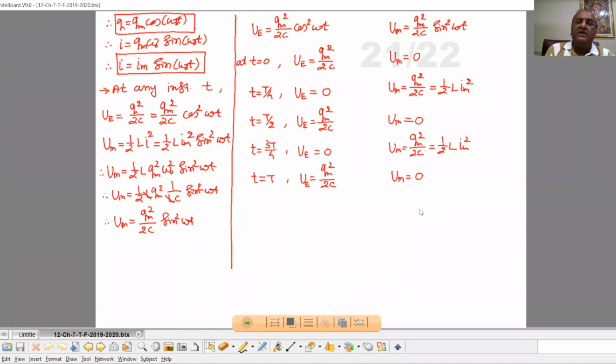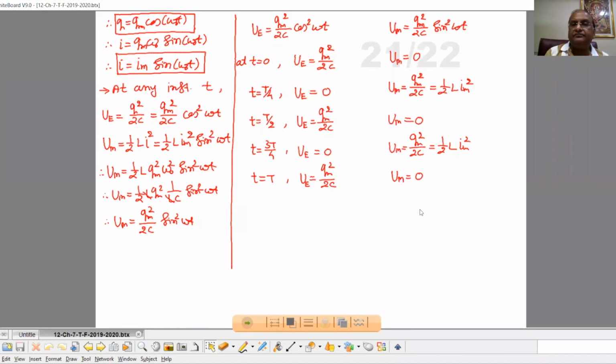Otherwise, in a realistic case, there is some resistance, and due to that, the dissipation of energy in the form of heat is always there, means the total energy will be slowly decreasing, and finally your oscillations of charge will vanish. Clear?